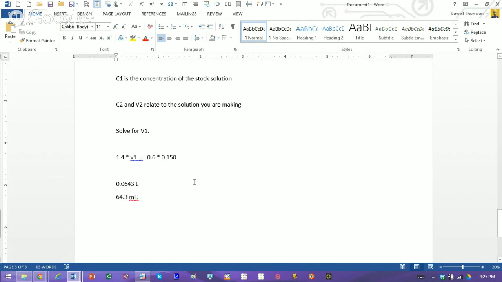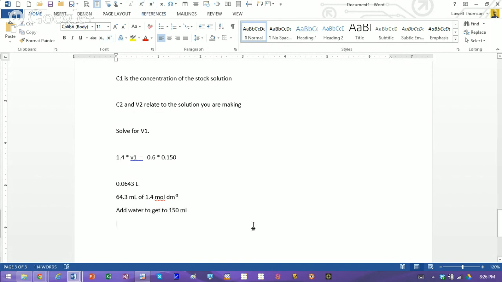That means I would need to take 64.3 milliliters of the original 1.4 moles per decimeter cubed solution, put it into a volumetric flask or a beaker of some sort, and then add water to get to 150 milliliters.